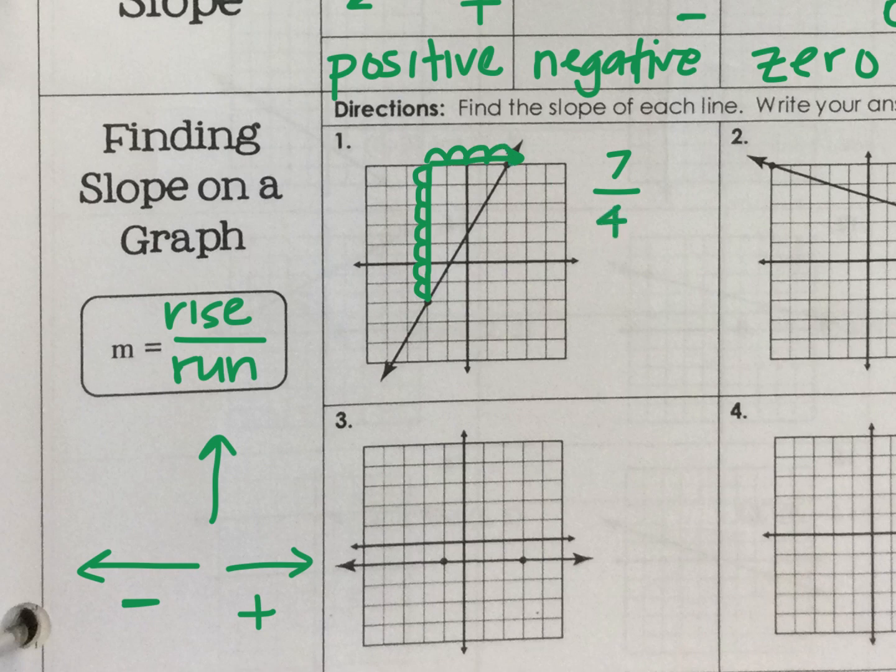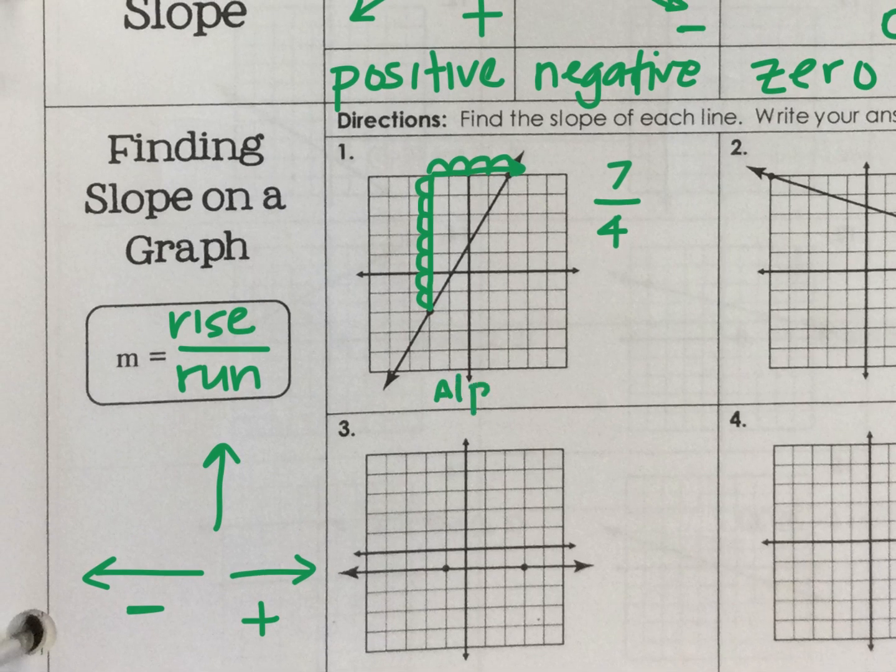If I type that in my calculator, if I hit alpha, the green button, and then y equals, that'll show up in your calculator as a fraction. You type 7 over 4. If you hit enter, it stays 7 over 4. So that means that is in simplest form.